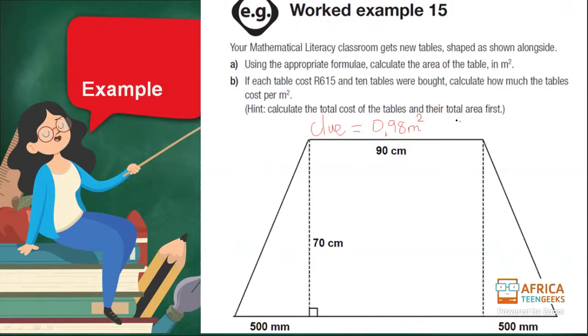And the cost for 1 is 615. So I want to know the cost per meter squared.